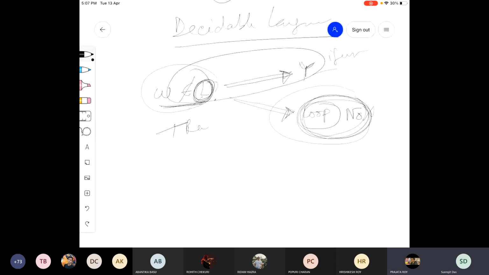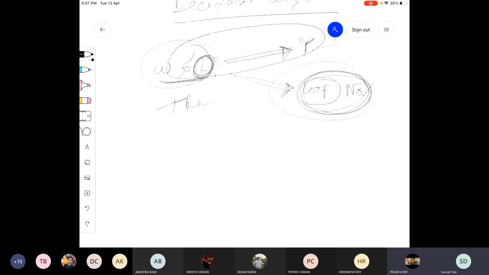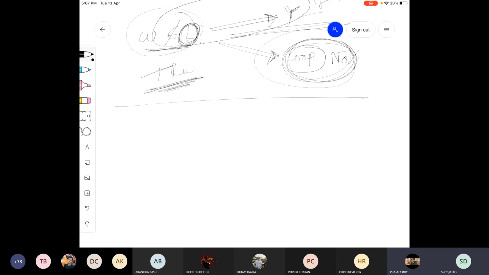So whenever I talk about decidable problems, obviously I talk about something that is semi-decidable, and I should be talking about something that is not decidable at all. I give you a language and I take a string from that language.